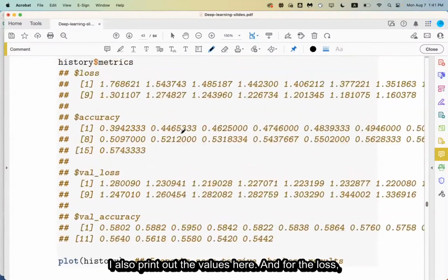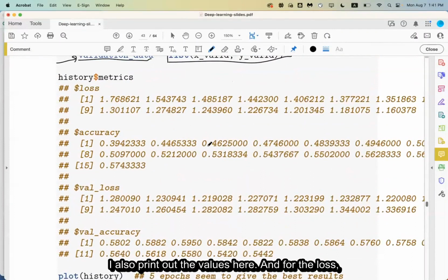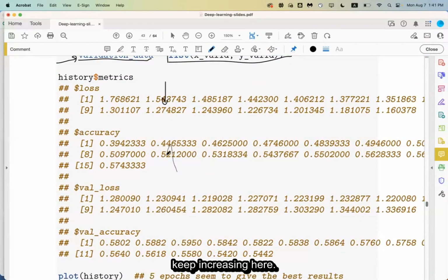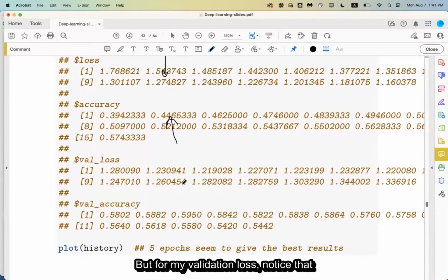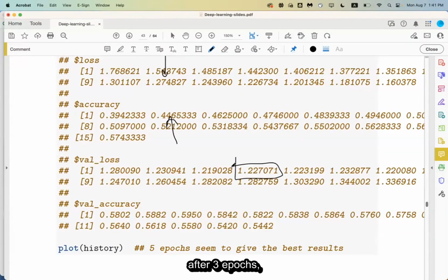I also print out the values here. For the training loss, it keeps decreasing, and for the accuracy, it keeps increasing. But for my validation loss, notice that after 3 epochs, it first decreases and then increases.